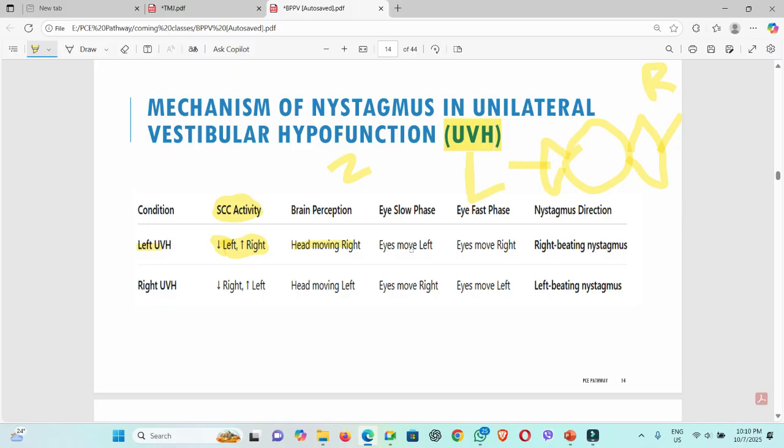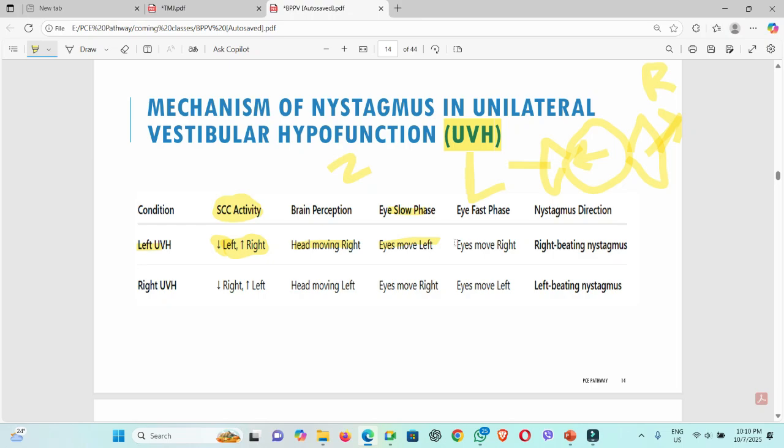Now the eye slow phase. So the brain thinks the head is moving towards the right. We just read, if the head is moving towards the right side, where will your eyeball move? Normally towards the left, the opposite side. Eyes move towards the left. That is the slow phase, right?